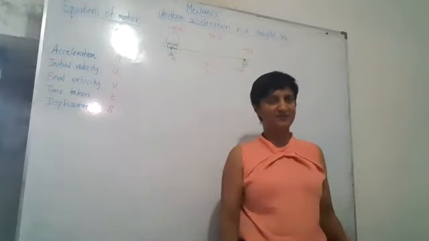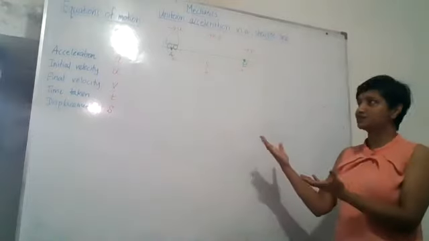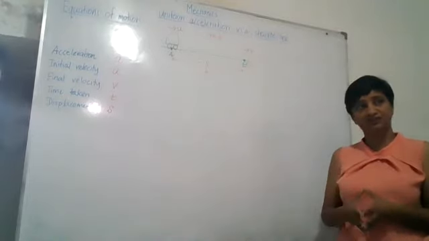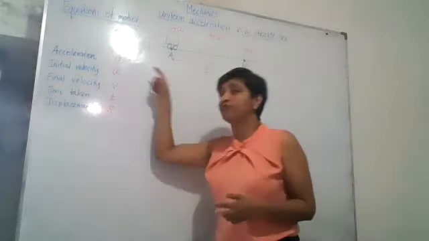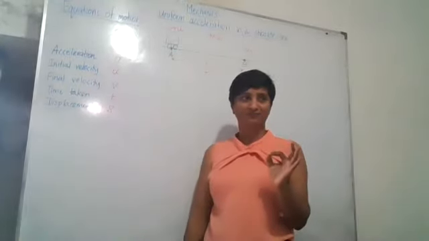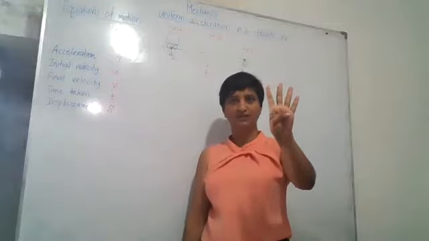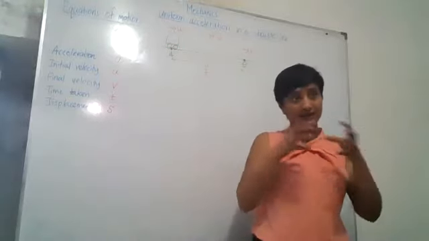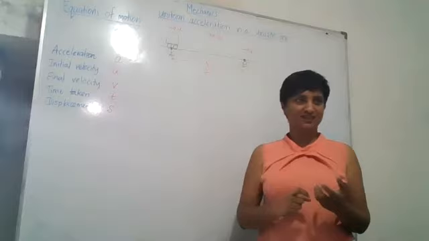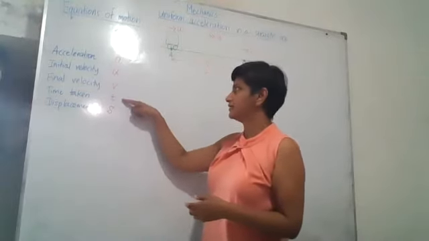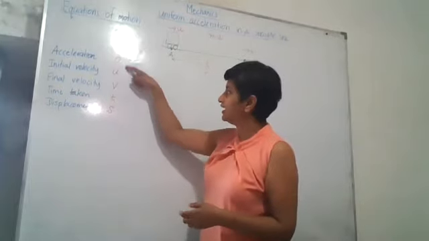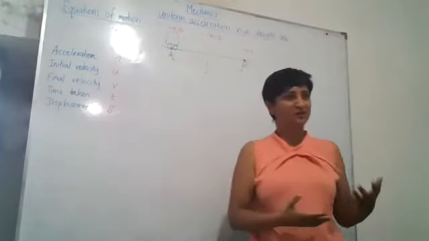These 5 things. The equations of motion are a set of equations that connect 4 of these at a time. There are 4 equations that you will learn. Each equation relates 4 of these at a time, for example a, u, v, and s, then u, v, t, and s, then a, v, t, and s, all different combinations.